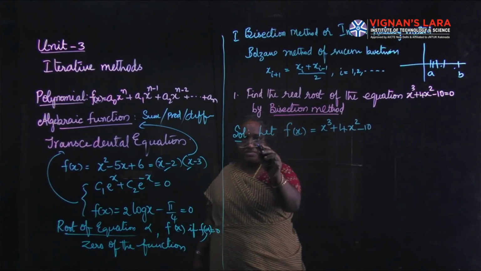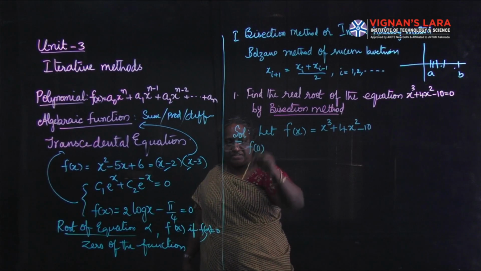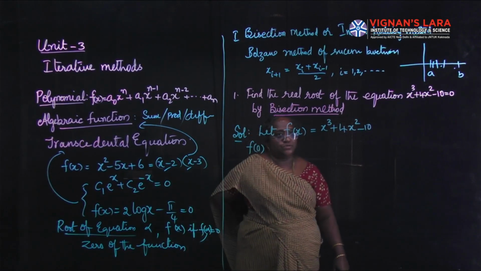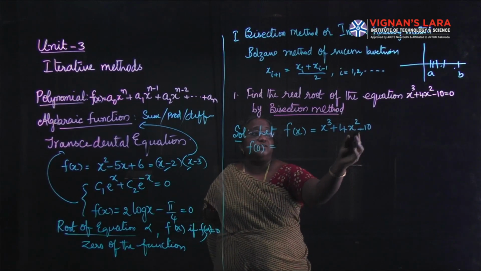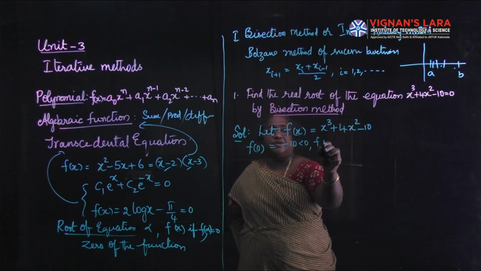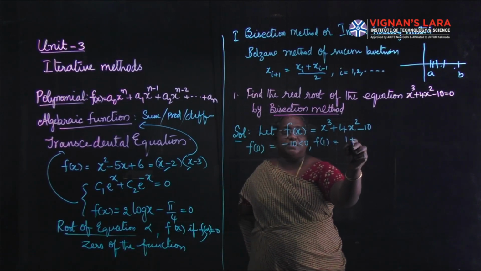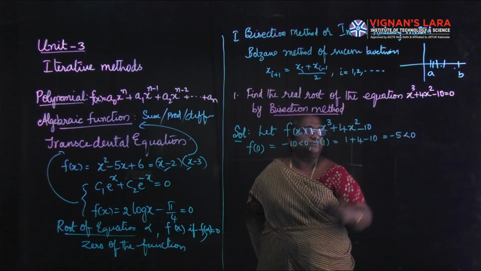Now we will see between which two values the root is. We know that wherever the function changes its sign, between those two values the root lies. So what is f of 0? 0 plus 0 minus 10 is less than 0. Next, f of 1 is equal to 1 plus 4 minus 10, which is minus 5, less than 0.